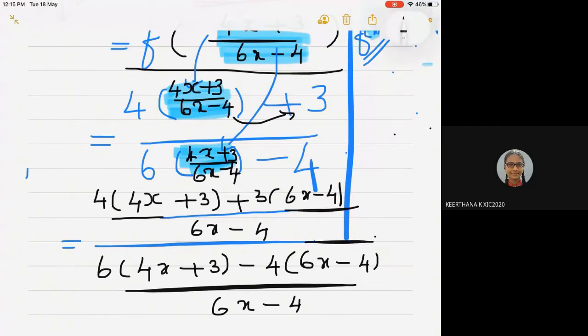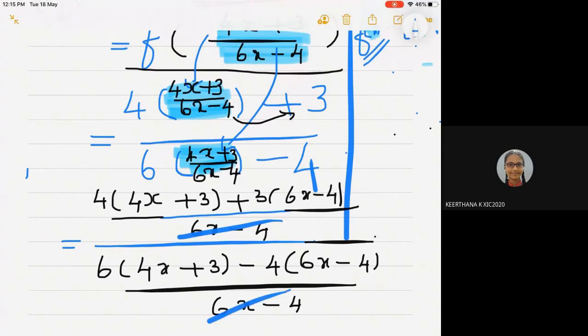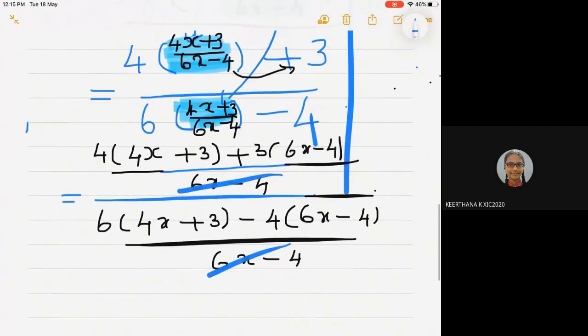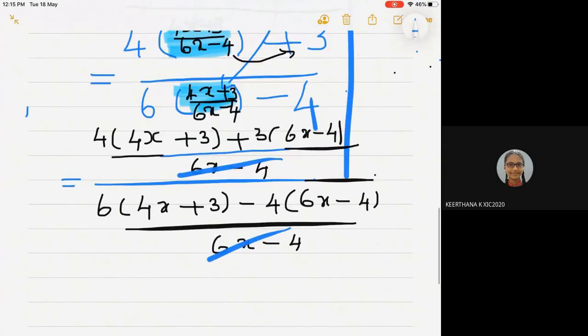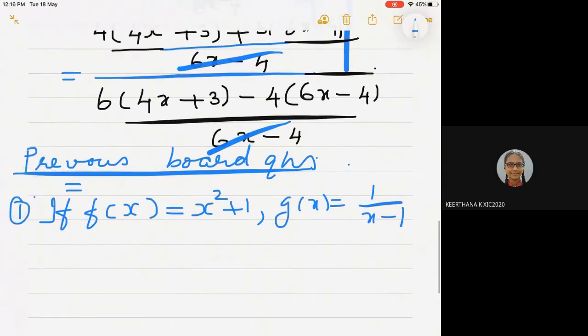The common denominators you can cancel. And this remaining part is left to you. Minus 1.